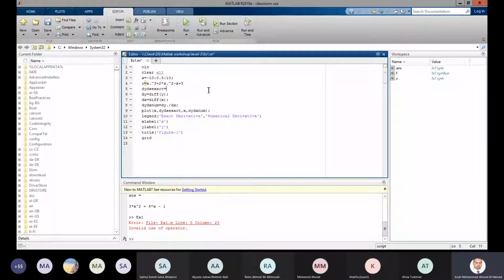Exact equals 3 multiplied by, because I copied this and did not trust it actually, x dot squared, plus 4 multiplied by x minus 1.